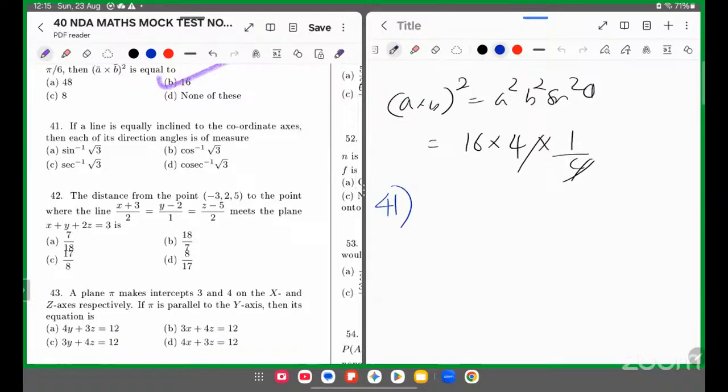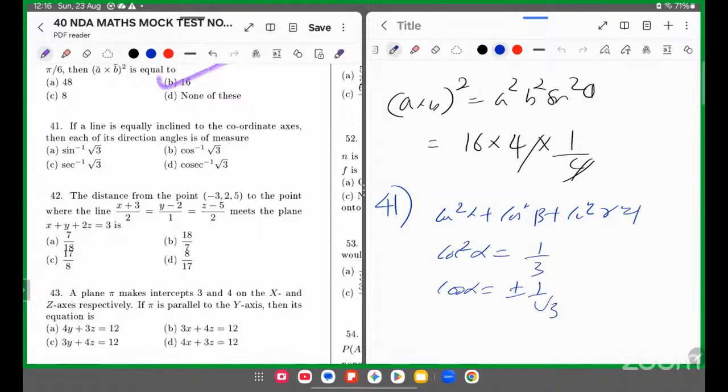Question number 41. If a line is equally inclined to the coordinate axes, then each of its direction angles. Equally inclined means cos square alpha plus cos square beta plus cos square gamma equal to 1. That means if alpha, beta, gamma are equal, I can say that cos square alpha equal to 1 by 3, so cos alpha equal to plus or minus 1 by root 3.